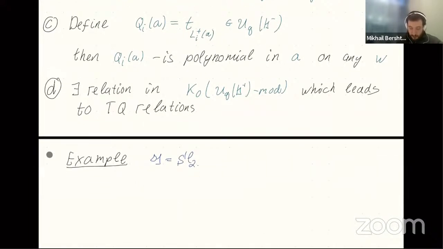We have the following tensor product formula: V_j of A tensor V_1 of A squared equals, in K0 of course, V_(j+1) of A squared plus something.